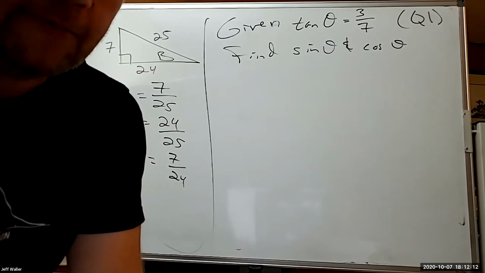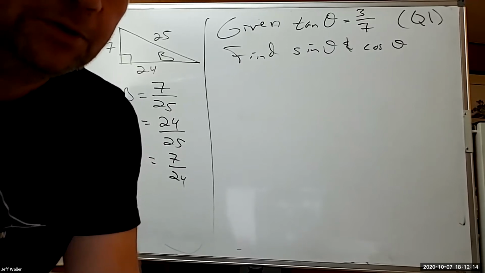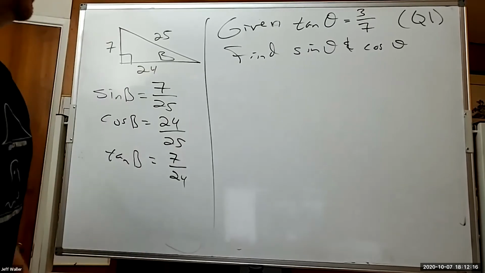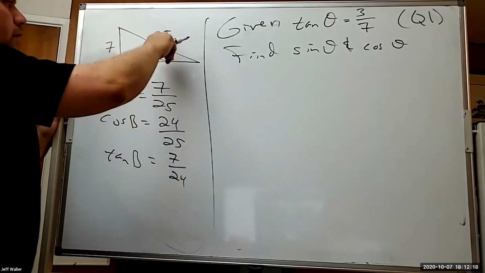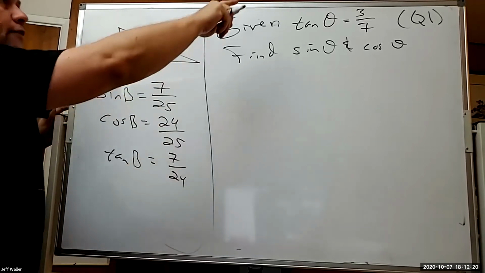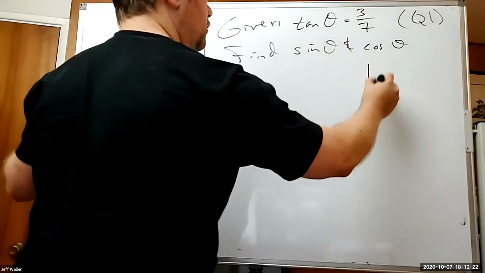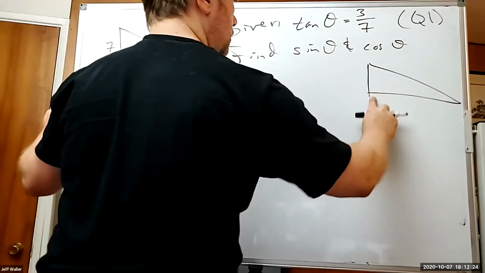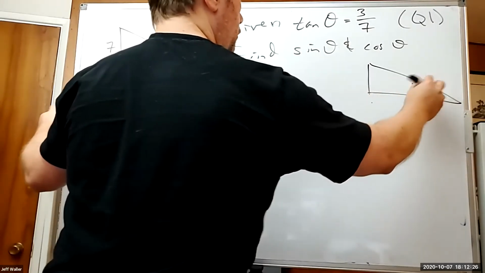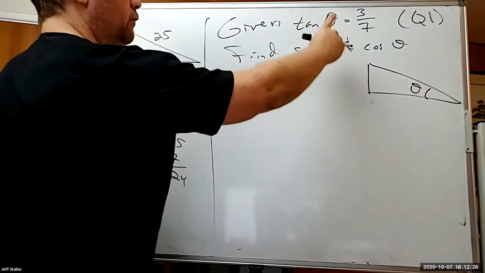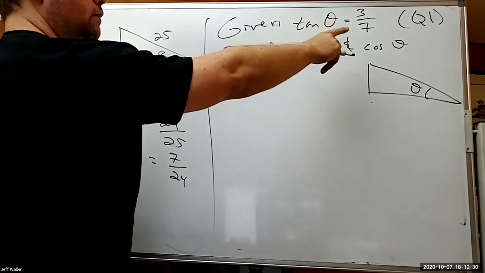So here's what you can do. If I have the triangle, I can write the ratios. If I have the ratio, can't I create the triangle? What do I know about this triangle, given what I know about tangent?